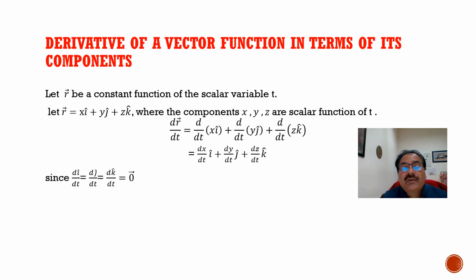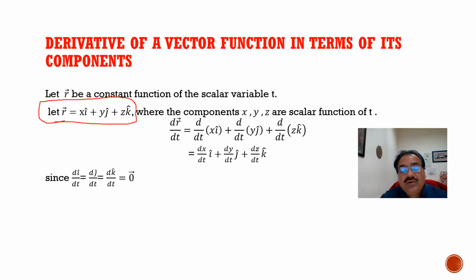Now, the derivative of a vector function in terms of its components. Let r be a vector function of the scalar variable t, where vector r is equal to x i plus y j plus z k, and the components x, y, z are scalar functions of t.